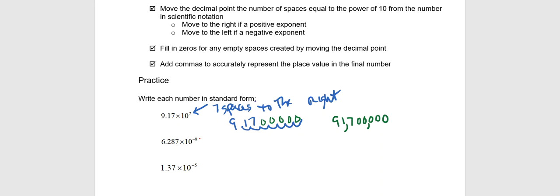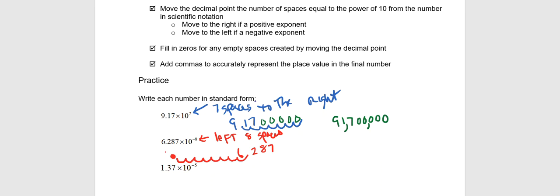We'll do one more together. This time I'm going to move left 8 spaces because it's a negative exponent. So if I start at 6.287, because it's a negative exponent, we're going to go 1, 2, 3, 4, 5, 6, 7, 8.